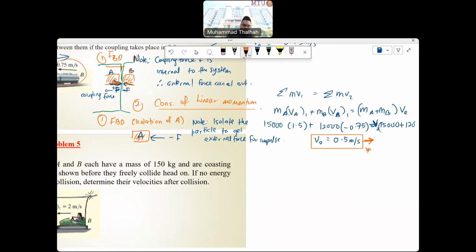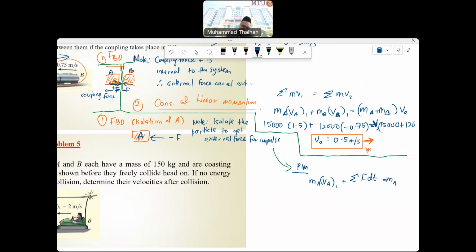Let me isolate my working here. Okay, let's continue down here. Again, our principle of impulse and momentum gives us m v at 1, because we're looking at block A, so everything is subscript A, at time 1, plus the sum of forces times dt equals m_A v_A at time 2.